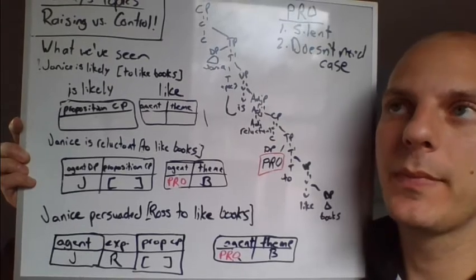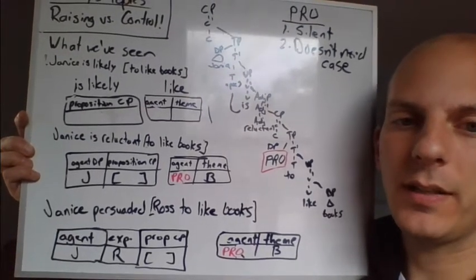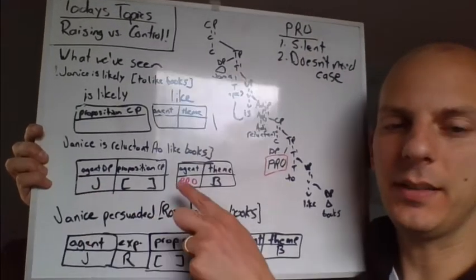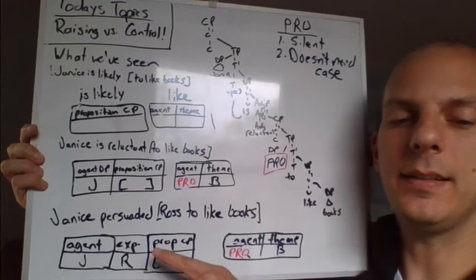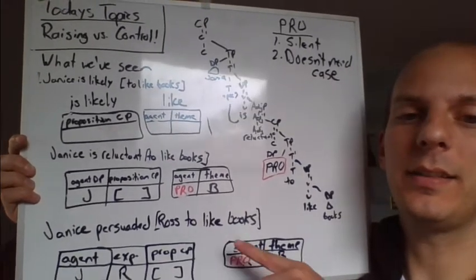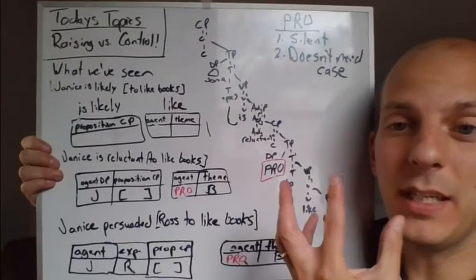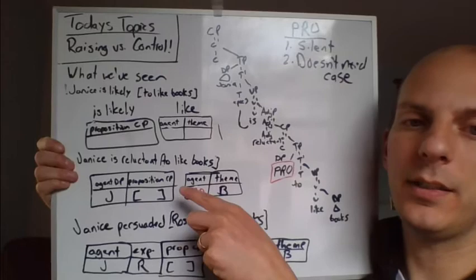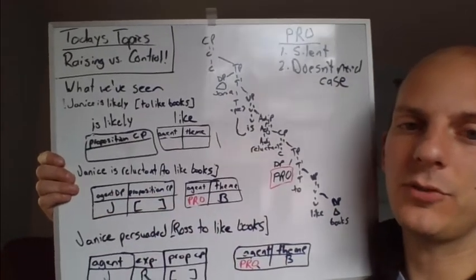It's also why we call it object control. Object control, because here Janice, the subject, is controlling the big pro, and in this sentence Ross, the object, is controlling the big pro. And by control we mean it's co-indexed, right? This is a big pronoun that is co-indexed with Ross. Here is a big pronoun that's co-indexed with the subject, Janice. Hopefully that makes sense from a theta role standpoint.